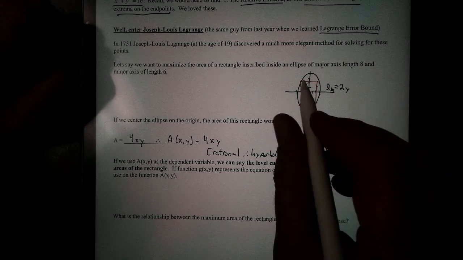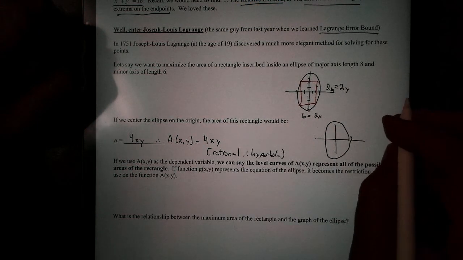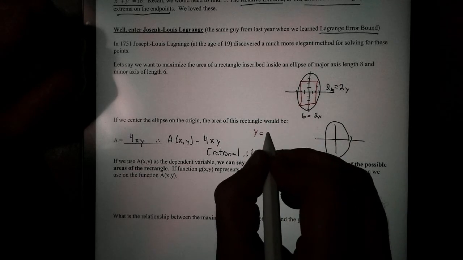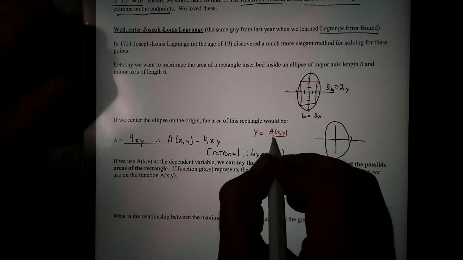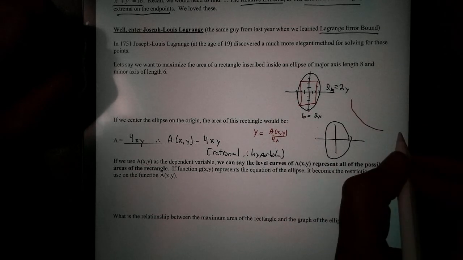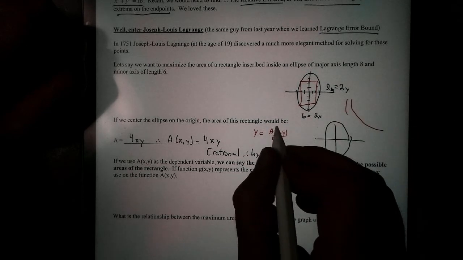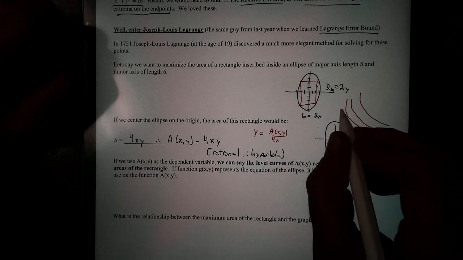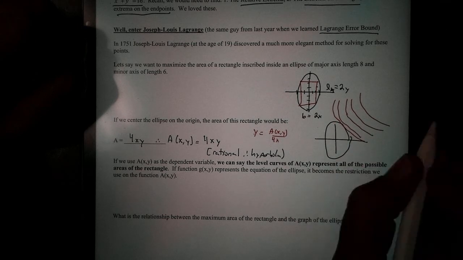And if I were to draw my hyperbola, now, I don't know the exact part of the hyperbola, but if I were to graph this, I could say y is equal to A(x, y) over 4x. The fact that we're just over x, this hyperbola could look something like this. Now, the only problem is, depending on what the area is, this hyperbola could take on all sorts of values. There's my hyperbola. There's my hyperbola. I'm going to try to make it touch there on purpose, okay?